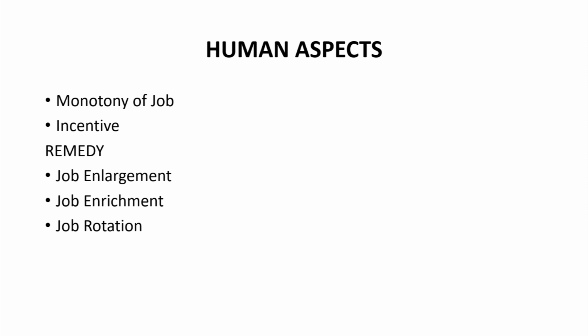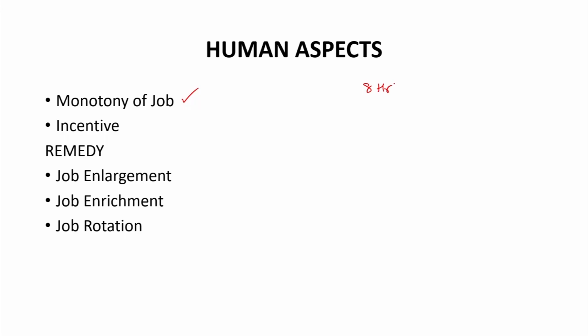Now, let us see some human aspects related to line balancing. As I said, in flow shops and assembly lines, absenteeism is highest, because there is a monotony of the job, boring, the same kind of task in car manufacturing. Let us say the cycle time is 2 minutes.